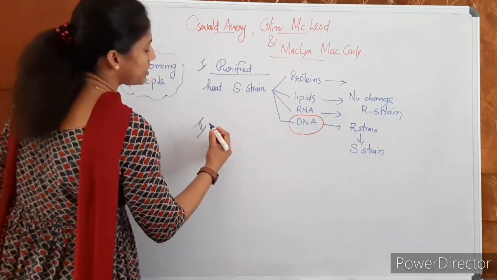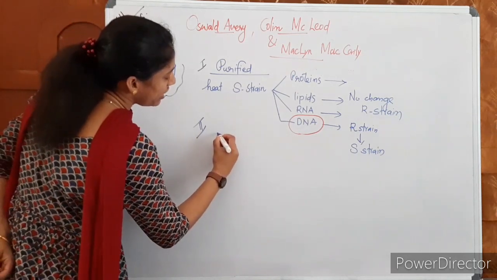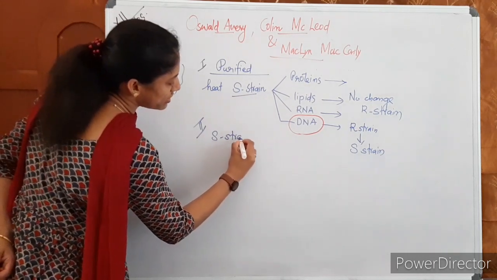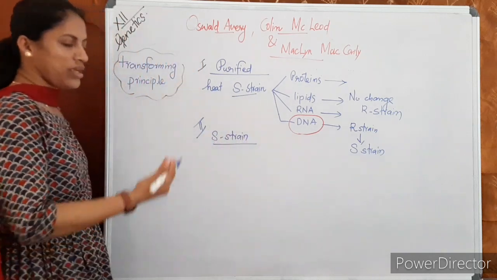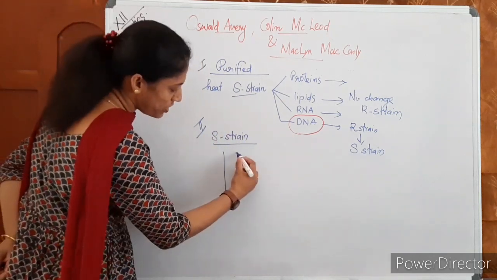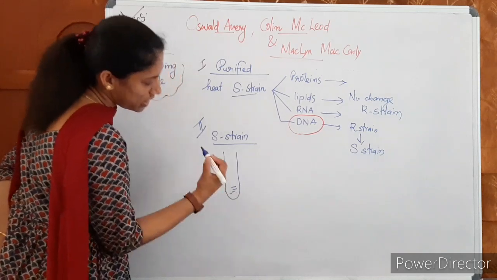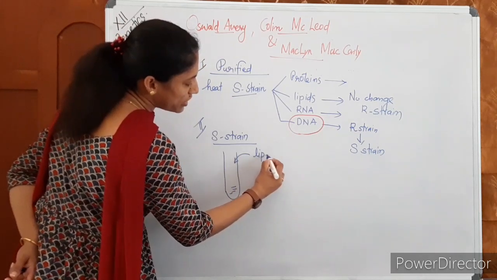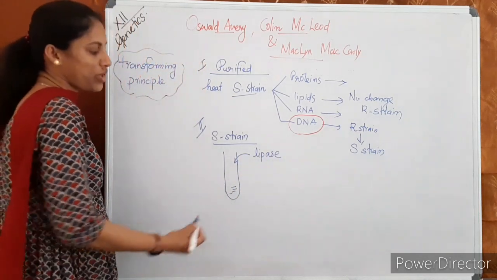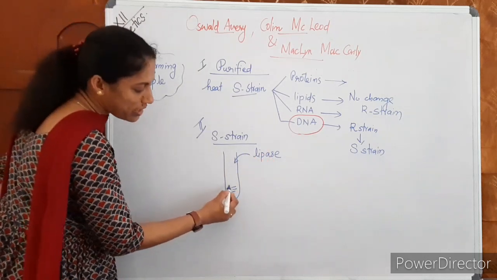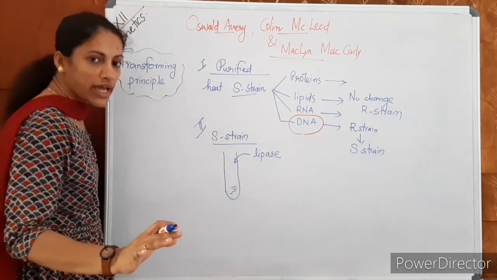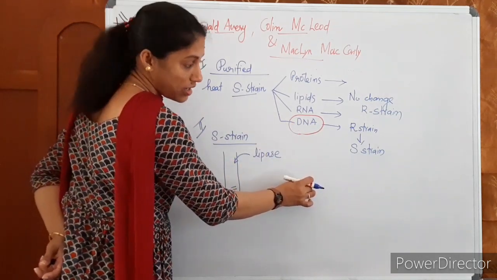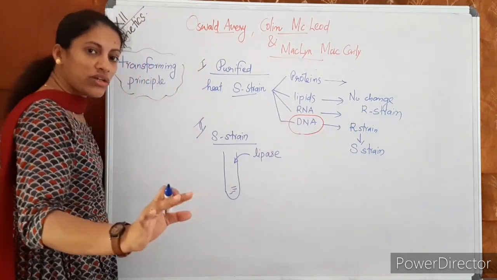In the second experiment, they took heat-killed S strain in a test tube and digested the biochemicals. When this is digested with lipase enzyme, all the lipid inside will be digested. Then when it is injected to R strain, it did not affect the change.